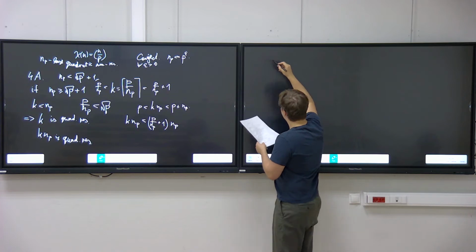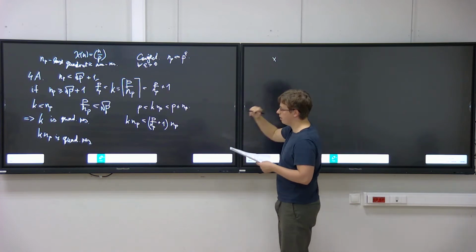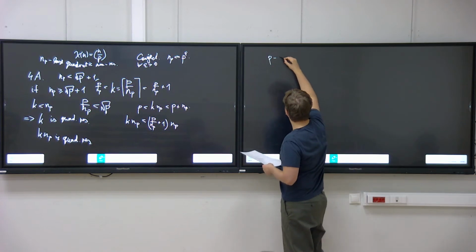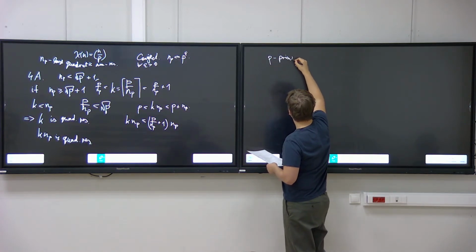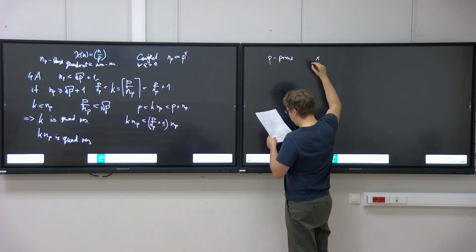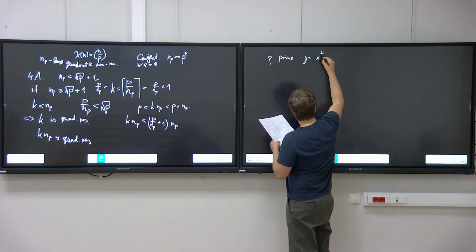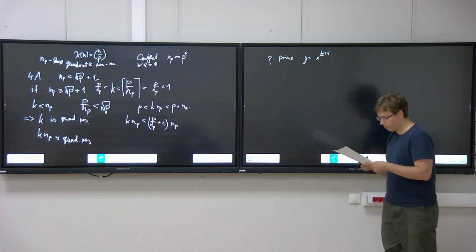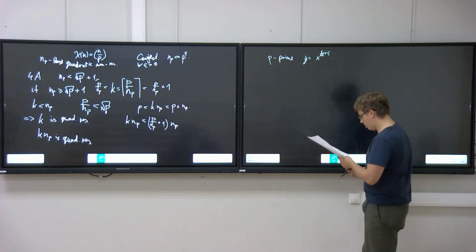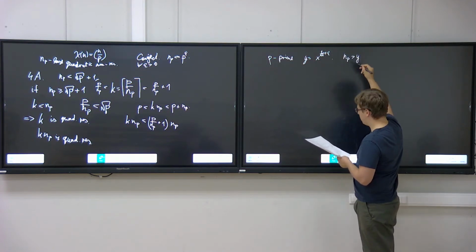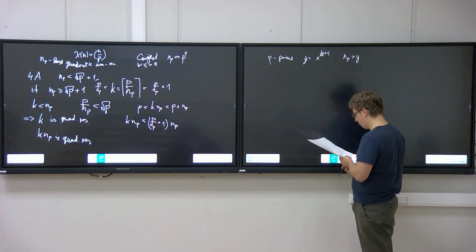So we have p prime, we choose x, and y is x to the power 1 over square root of e plus epsilon, and let NP be larger than y.